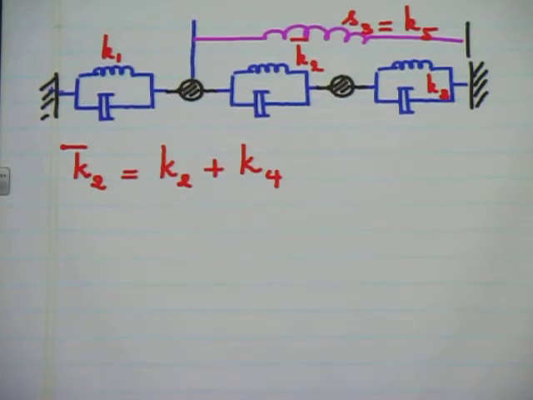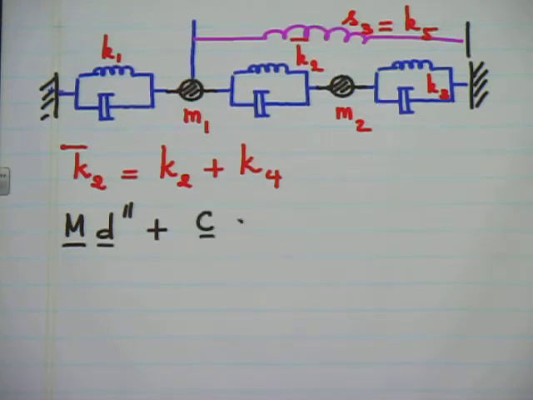So let's recall the masses would be M1, M2, okay? So what would be the mass matrix? And recall that the equation of motion is M d double prime, and remember the underbar means a boldface letter when you type, and that represents a matrix quantity, plus C d prime, matrix of the velocity. So M is a mass matrix.